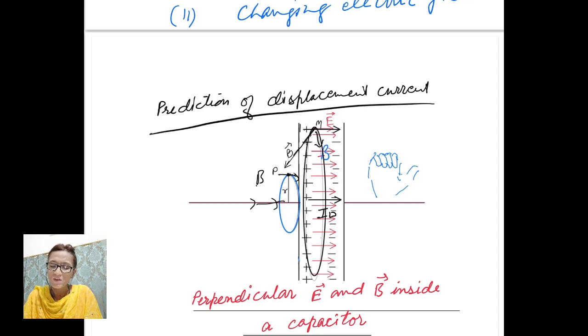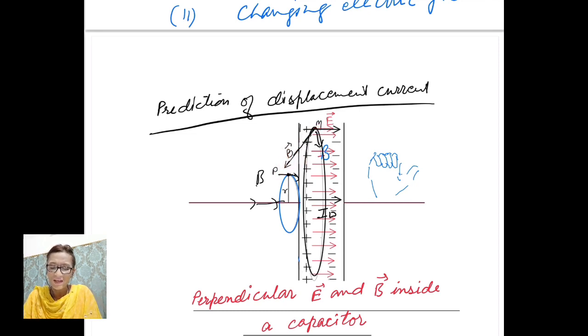Now as we know that electric field and magnetic field are perpendicular to each other, so the electric field will be parallel to the displacement current, and the magnetic field, using your right hand thumb rule, you can find that it is along the tangent direction coming out in this direction.